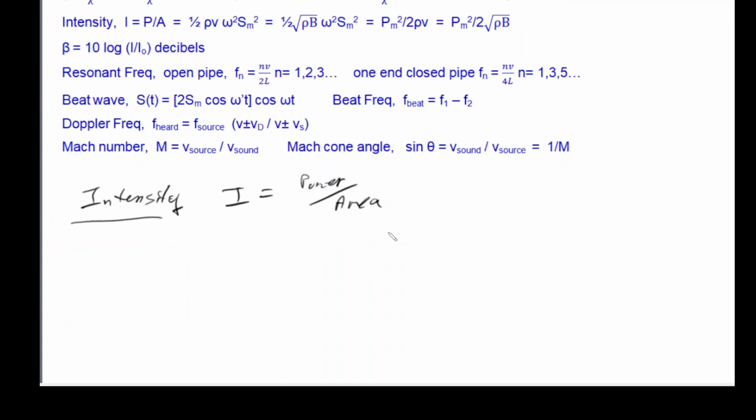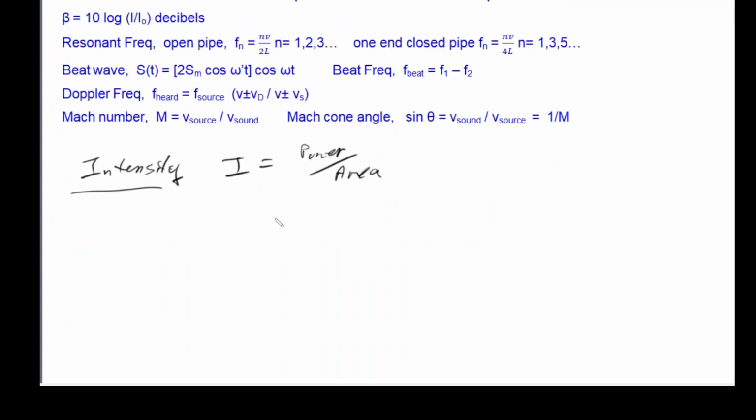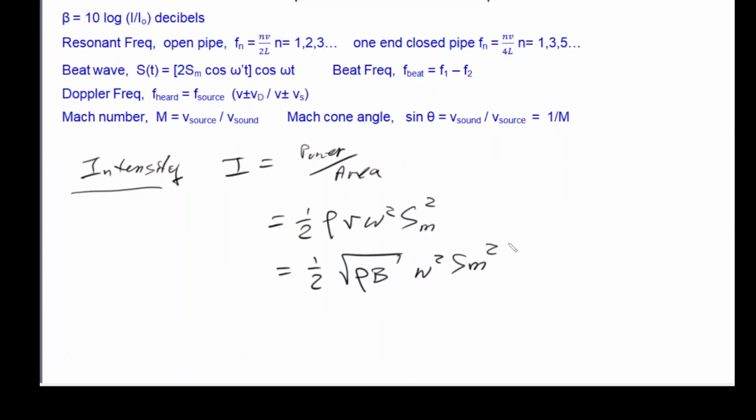And if you go through your derivations, you'll see that that's equal to 1/2 rho v omega squared sm squared, which also becomes equal to 1/2 the square root of rho times the bulk modulus times omega squared times sm squared. So rho is equal to the density of the medium, v is the velocity of the wave.